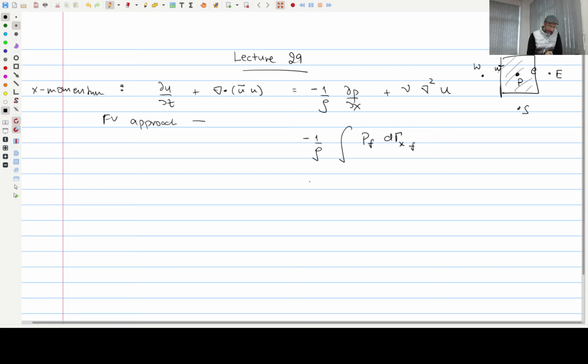So for this case it comes out to be pressure on the east face minus pressure on the west face multiplied by the area, which is delta y. Right. So this is exactly what we had done earlier. I'm just recapping it for you. It's been some time.